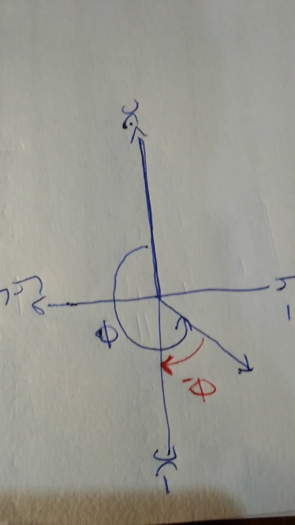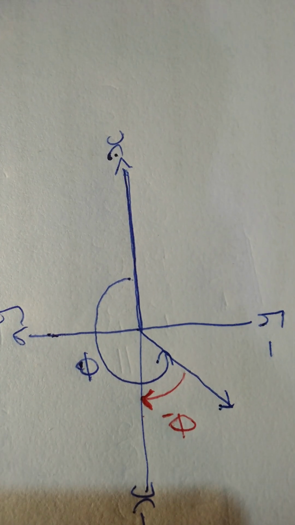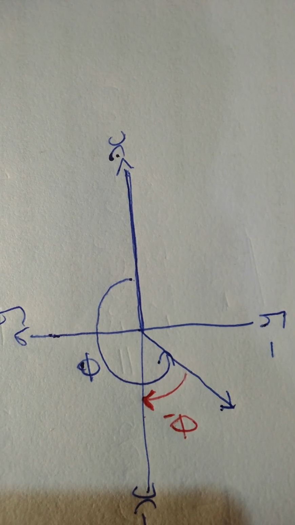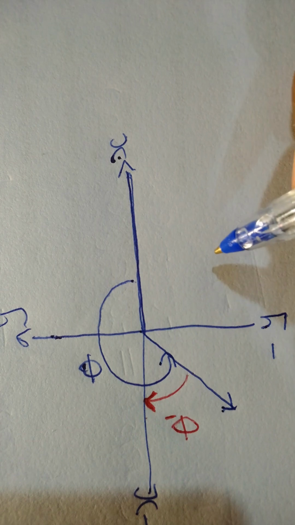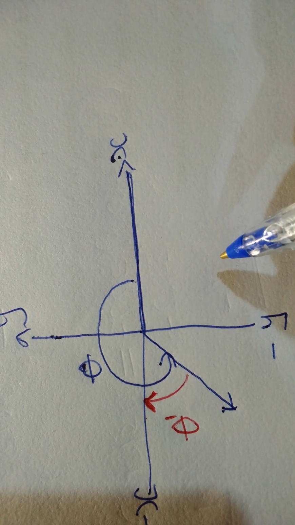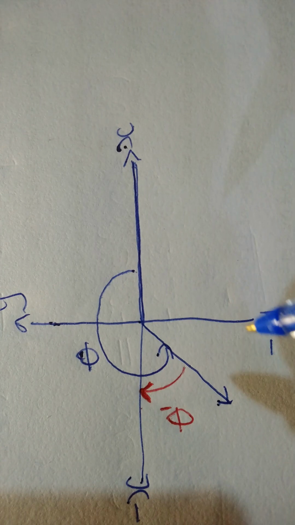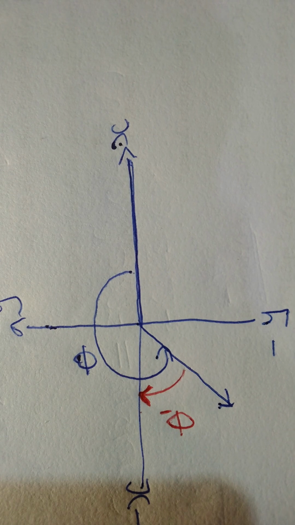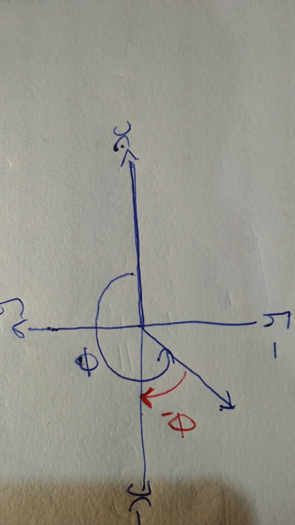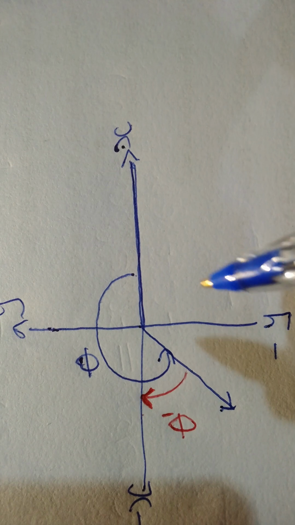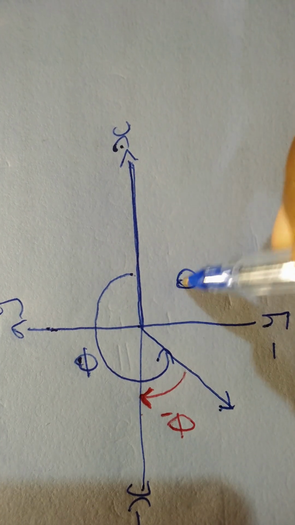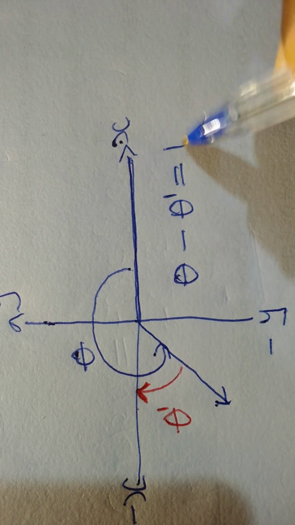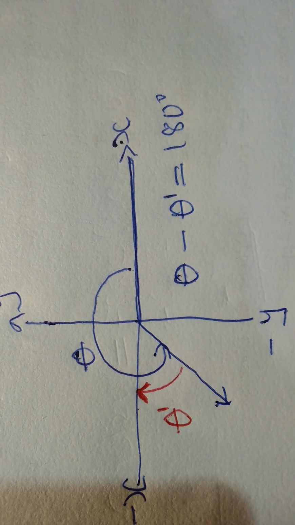So how do we write the value of the reference angle in the third quadrant? If you check this diagram very well, you will realize that here in the third quadrant, if you subtract theta prime from theta, it will give you 180 degrees. So we can write theta minus theta prime equals 180 degrees.